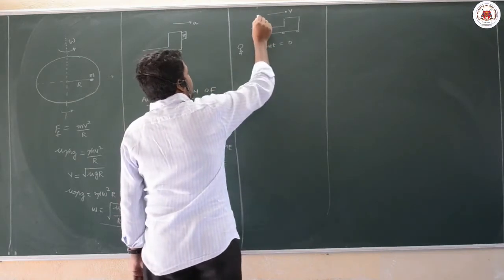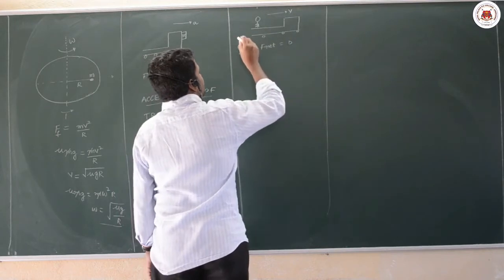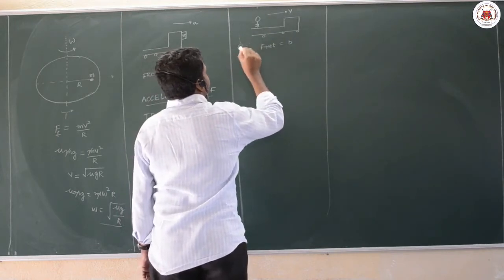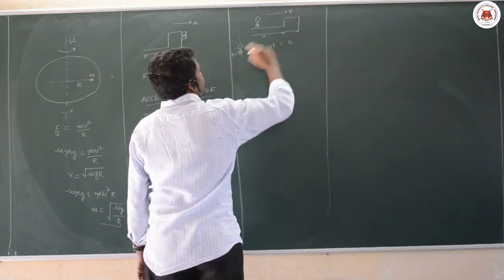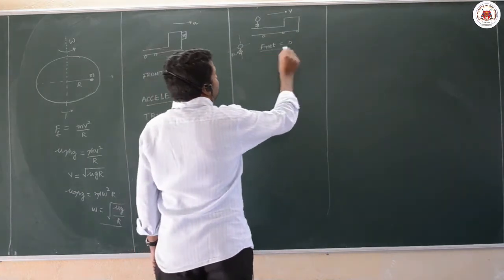Similarly, you take another person who is within the frame. This is the frame of reference now. From this, the body is moving with uniform velocity, therefore net force 0.